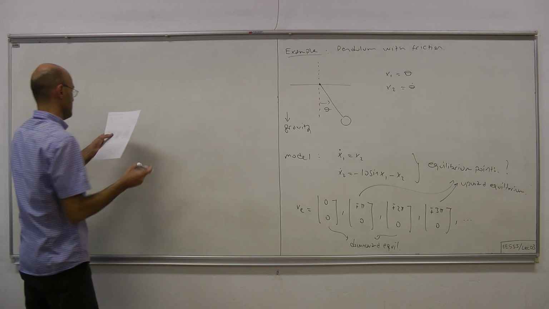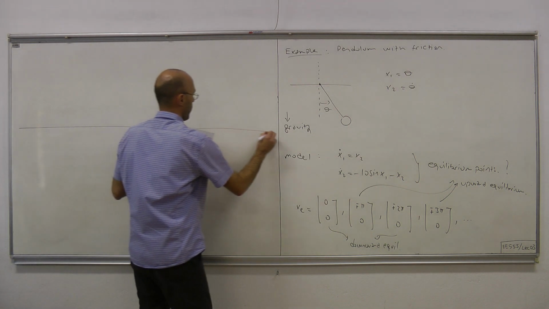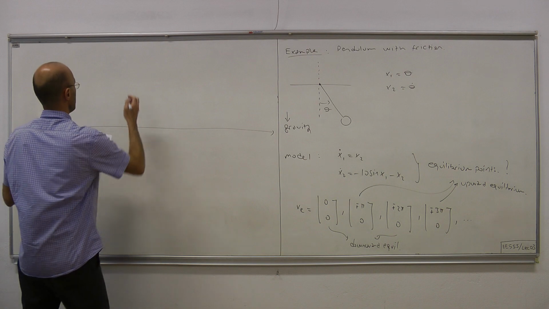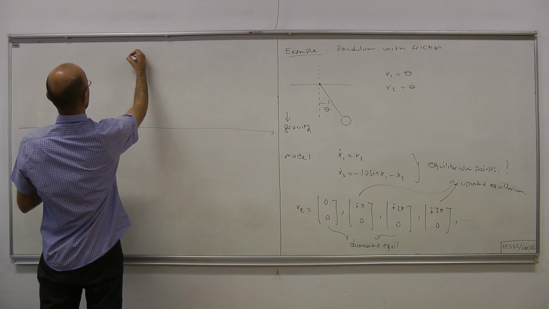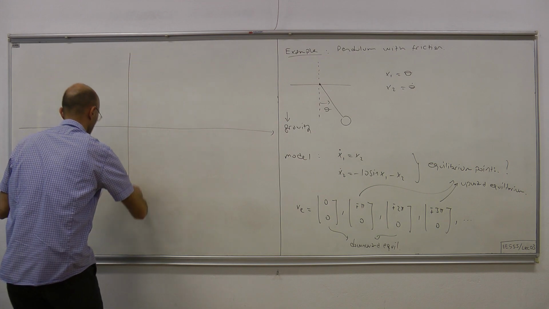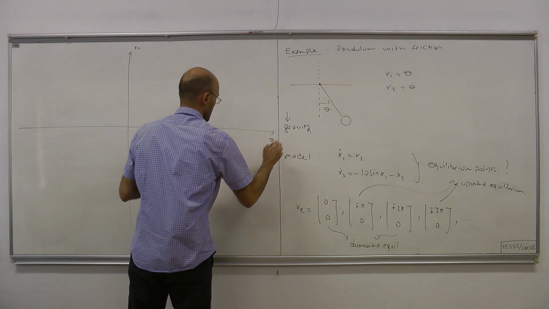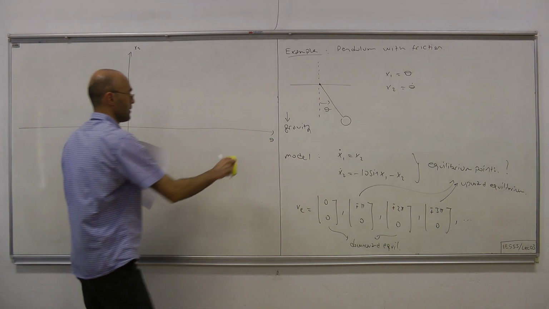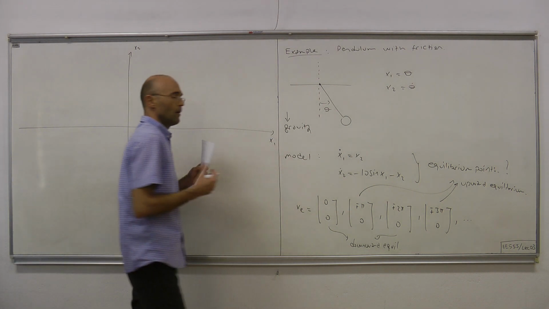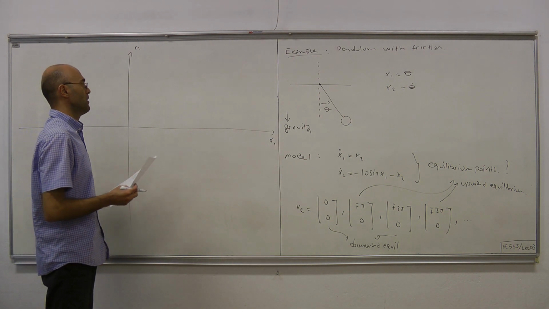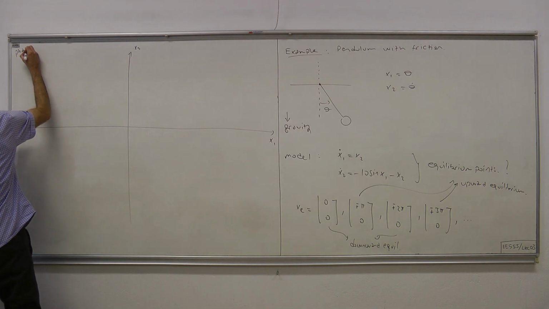And it turns out that this is more or less how the phase portrait looks like. Let this be our theta dot versus theta, or x1, x2 plane. This is our phase plane.